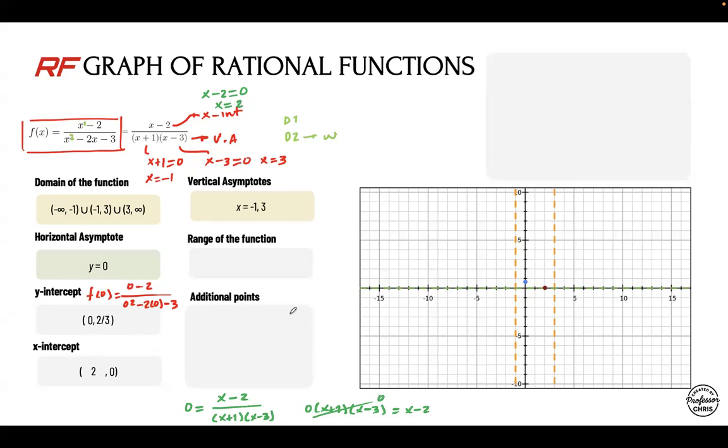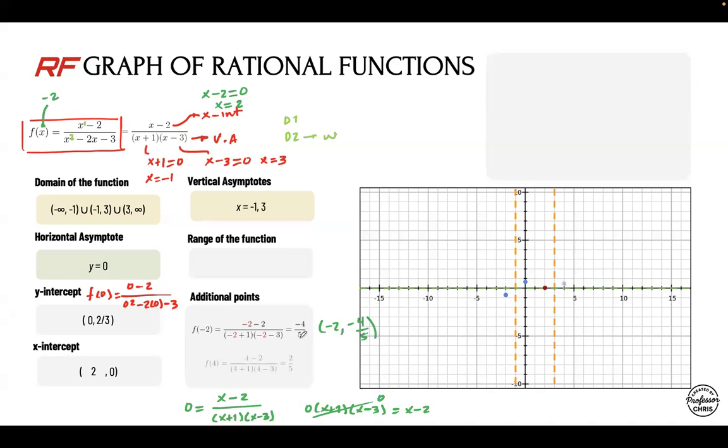The additional points are about finding points on every segment of the graph. Let's say we evaluate this function at minus 2. If you plug in minus 2, you get minus 4 over 5, meaning the coordinate minus 2, comma, minus 4 over 5.